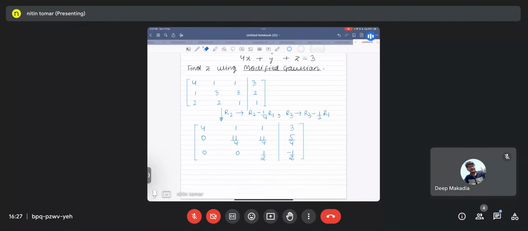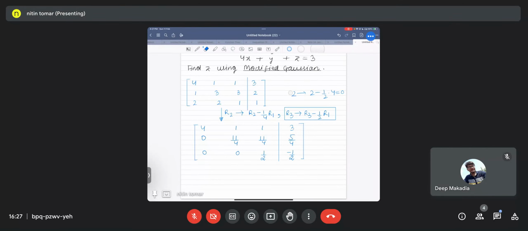Have I done something wrong? Sir, in the last row I have obtained something different. But this was your row operation, right? Yes, sir. So check. R3 goes to 2 minus half times 4.